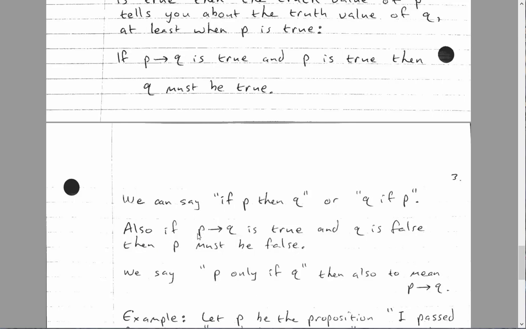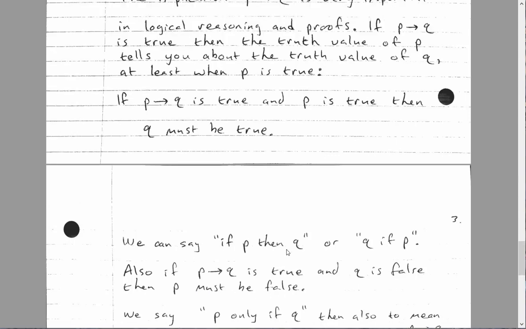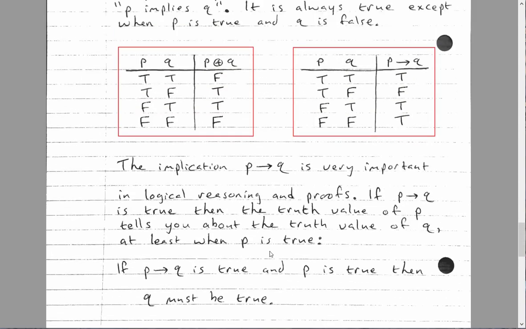Also, if the implication is true, if P implies Q is true and Q is false, then P must be false. So if the implication is true and Q is false, then we're in this bottom row, P has to be false.